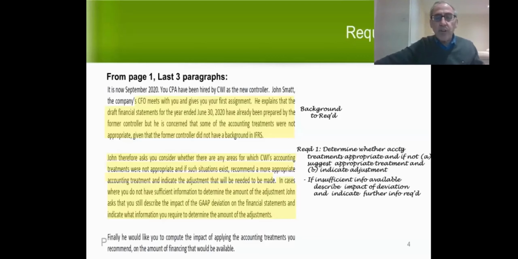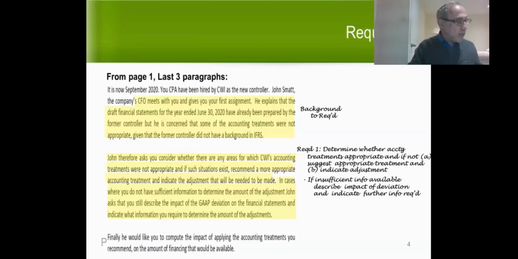In that situation, what you're being told is you still have to explain the impact of the inappropriate accounting, the GAAP deviation, on the financial statements. You'd have to explain what accounts are impacted, and you'd also have to indicate what information you need in order to make the adjustment. Okay, so you know right away when you read this that there might be the odd issue where you're not going to have sufficient information to make the adjustment, in which case you're going to have to explain the impact qualitatively and then ask for further information.